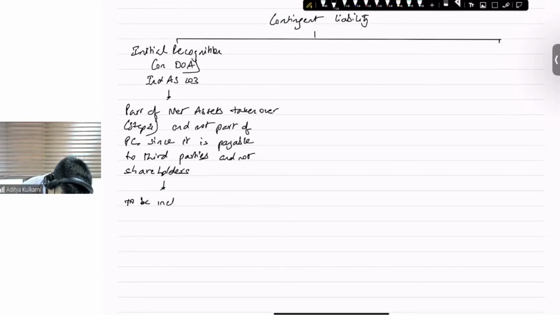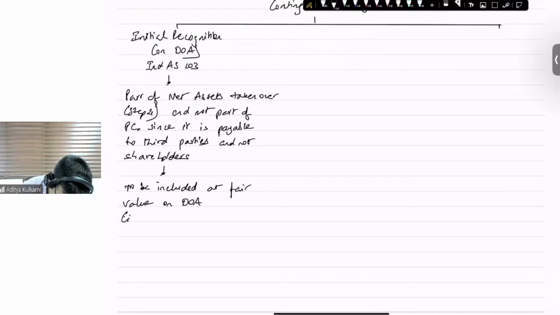To be included at fair value on date of acquisition. Irrespective of whether probable or not.